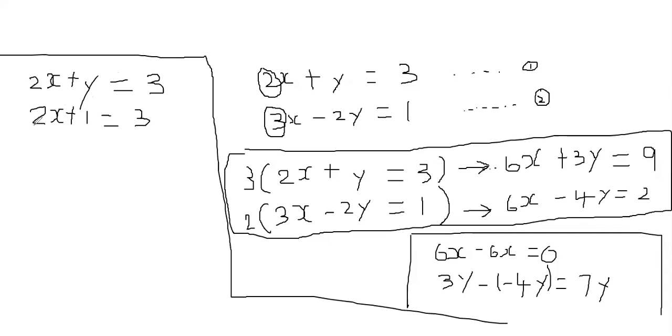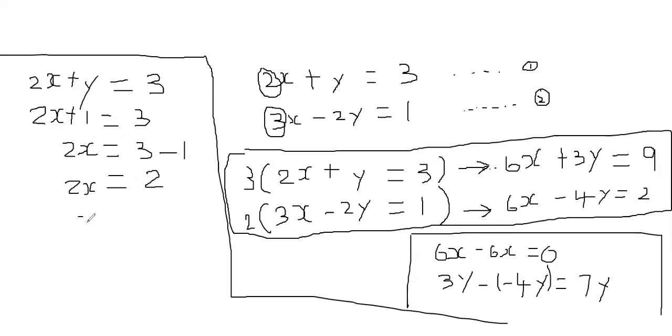So we have 2x plus 1 equal 3, and we just make x the subject. So we take over 1. 1 is added. Take it over, it will subtract. So we have 3 minus 1. So 3 minus 1 is 2. Right?